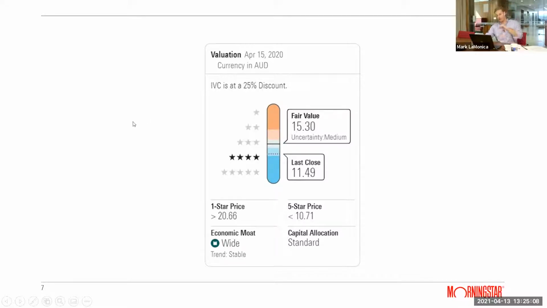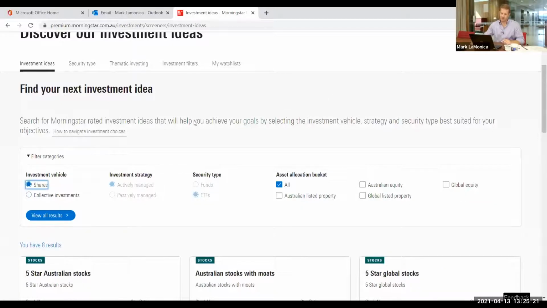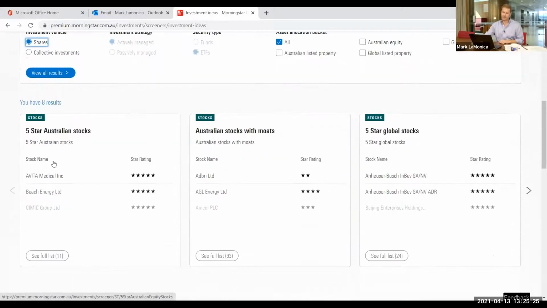All right, so this concludes the equity portion of our talk today, but let me show you one thing. I'll go back to the website. So for instance, when I go through here, if I select shares, I have different asset allocation buckets I can pick, but this automatically will show you where we think cheap stocks are. So those are 5-star stocks, or the biggest discount between what they're trading for and fair value.